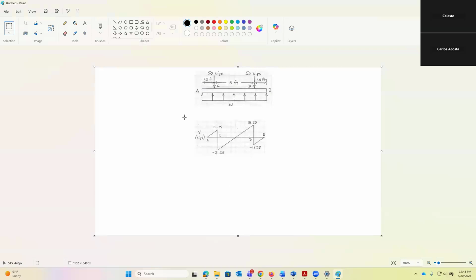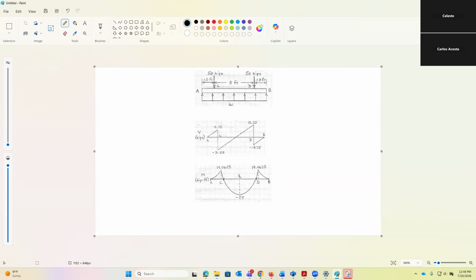All right, so remember, this is why it was important to plot the quadratic equation, because we needed to know the points here and here, which is where it crosses 0. It's going to start at 0 because we don't have any reactions here. Since we don't have any reactions at A and B, there's no moment there.